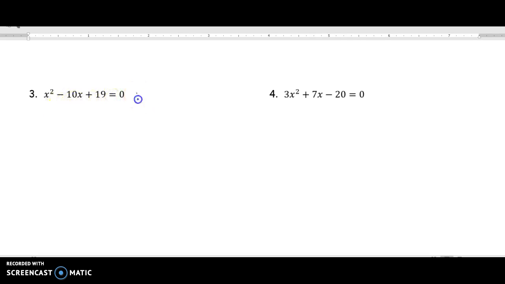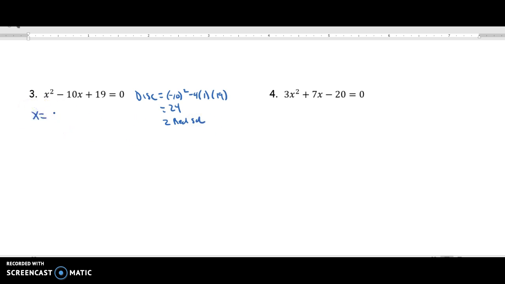Here we go with another one. Discriminant. So negative 10 squared minus 4 times a is 1 times c is 19. When I do that in the calculator, you get 24. Now, because this is a positive number, we're going to get two real solutions.